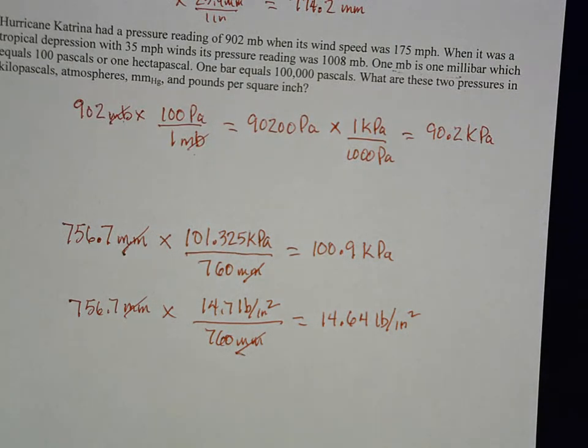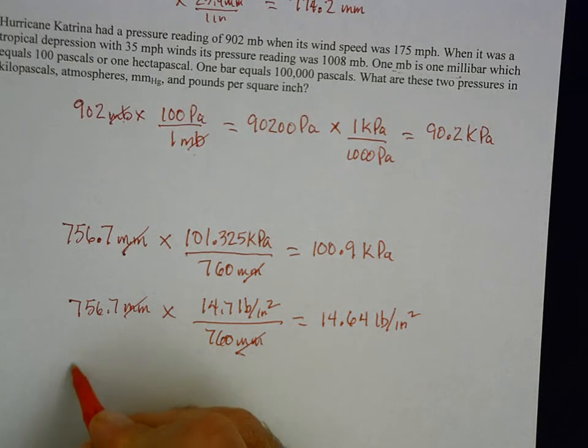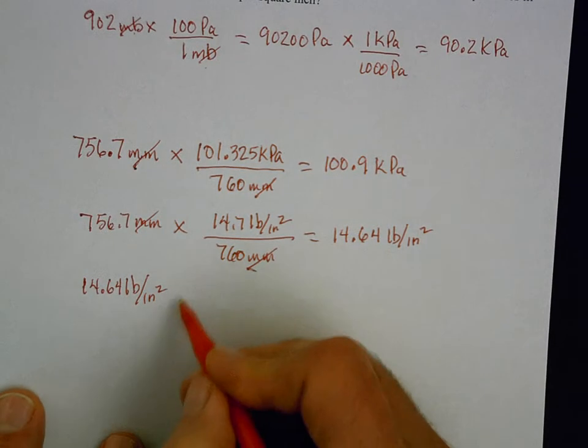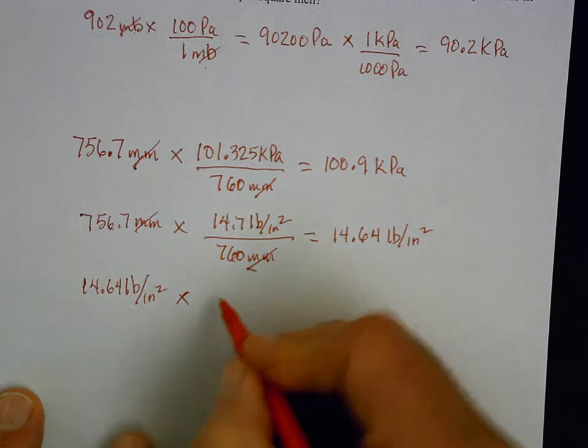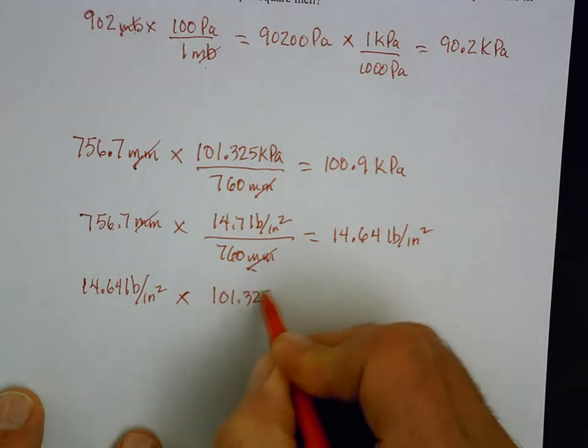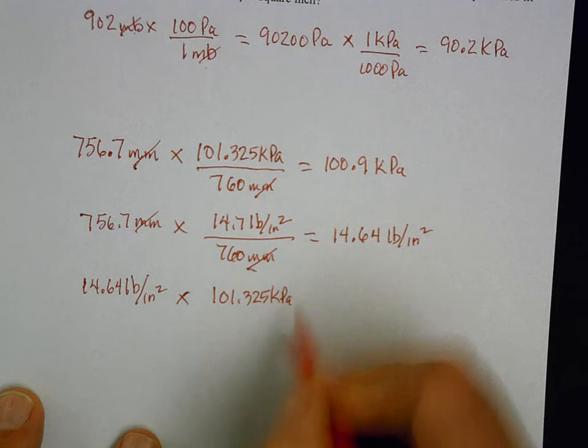Now, just to kind of show you, well, what if I had this one, 14.64 pounds per square inch, and I wanted to go back to kPa. Well, then I would put the 101.325 kPa on top.